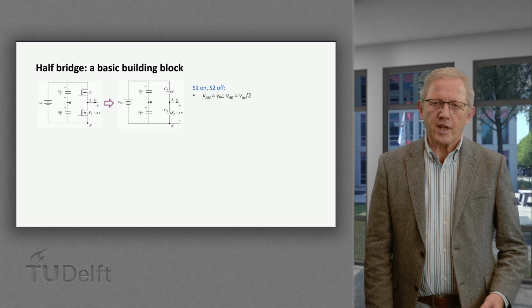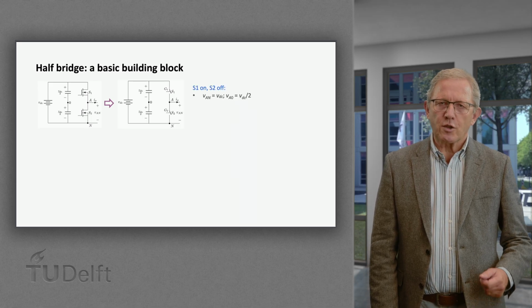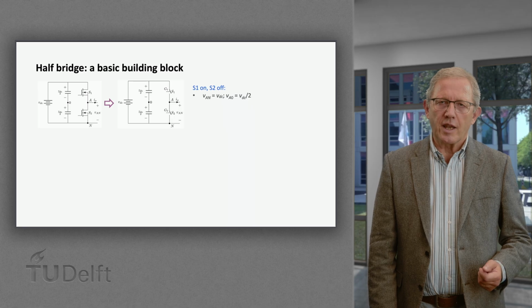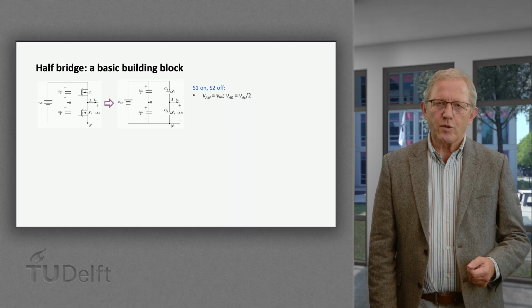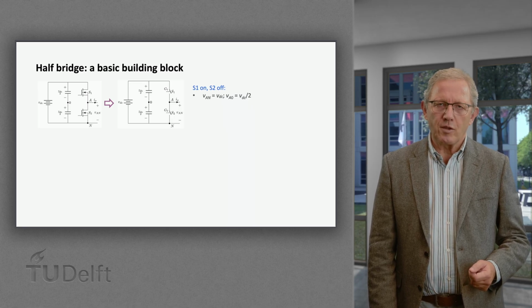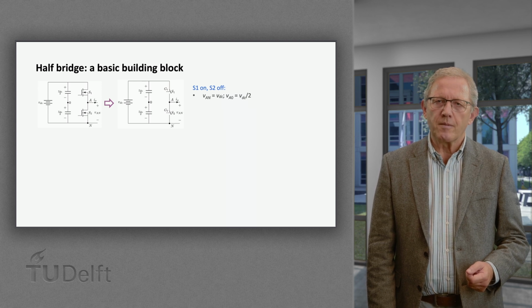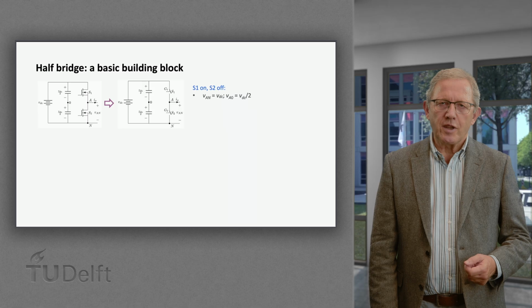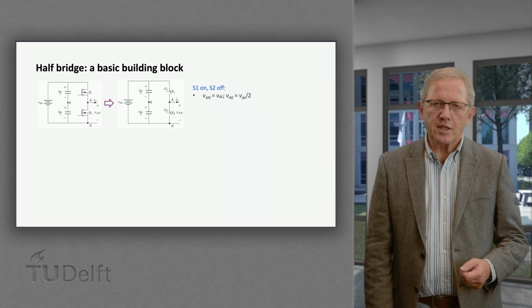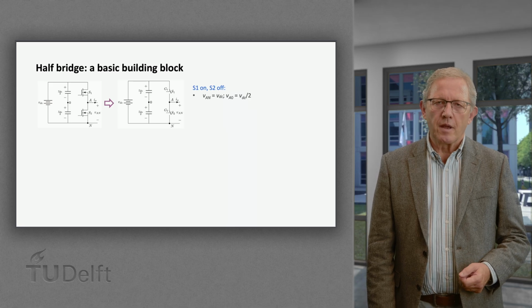As shown on the screen, if the top switch S1 is turned on, while S2 stays off, the output between the node A and neutral N would be the same as the DC input voltage, VDC, while that between the node A and the DC source midpoint 0 would be half of VDC.